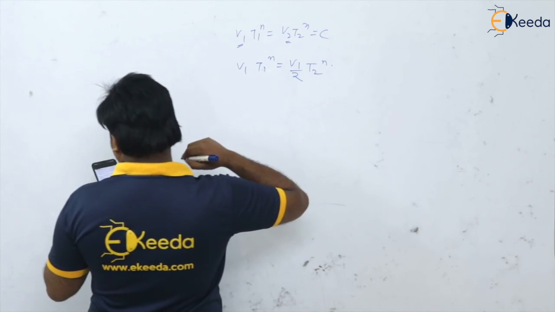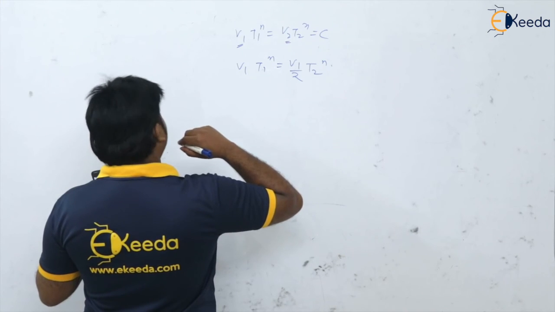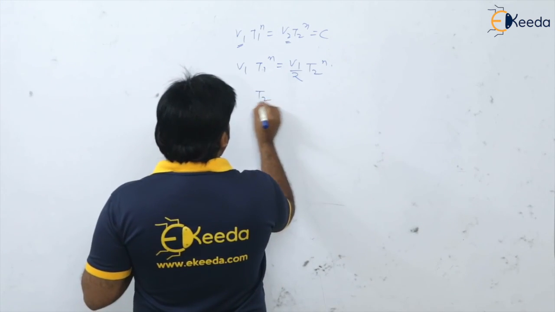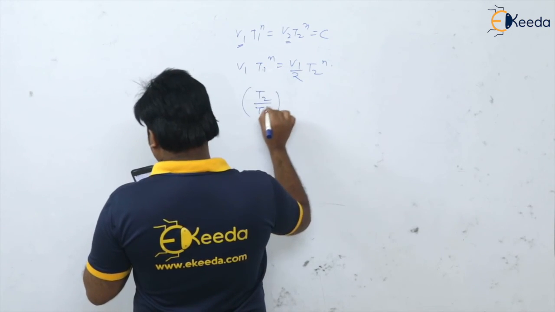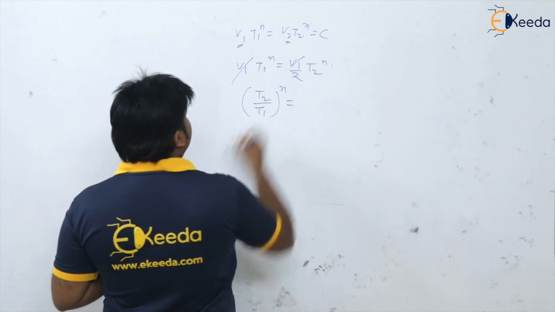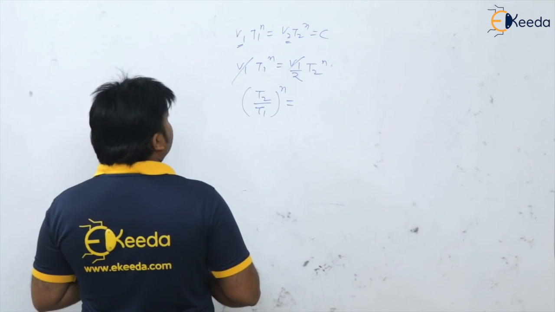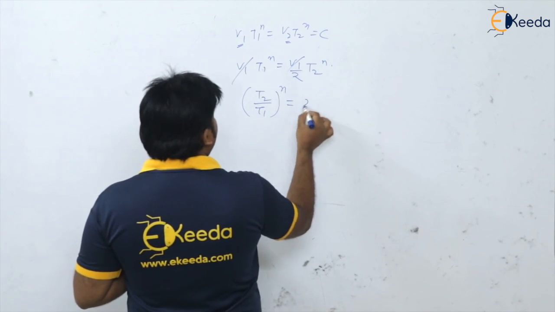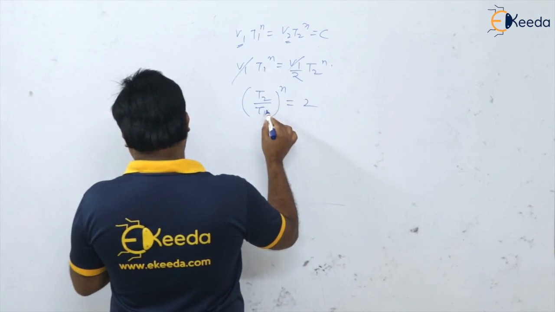What they are asking is the new tool life to the original tool life. So T2 divided by T1 to the power n is equal to, V1 cancels, isn't it? So T2 by T1 to the power n is equal to 2. And what is n?